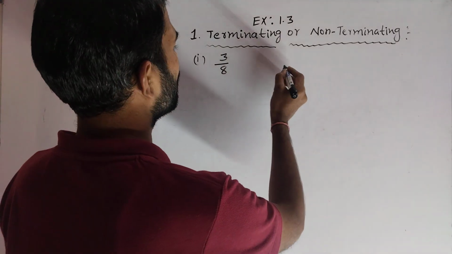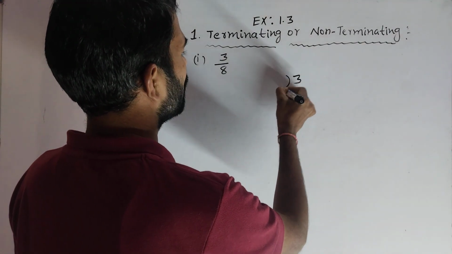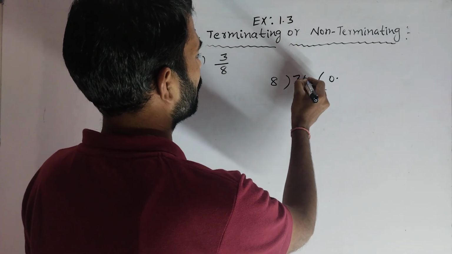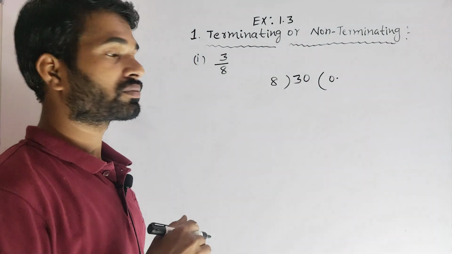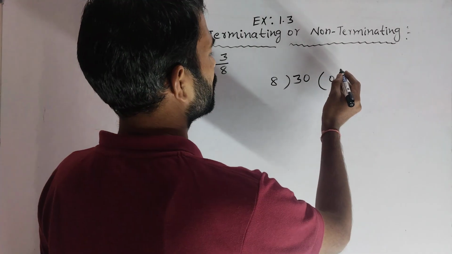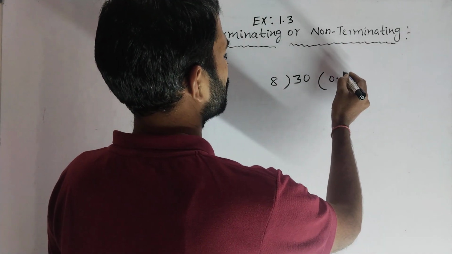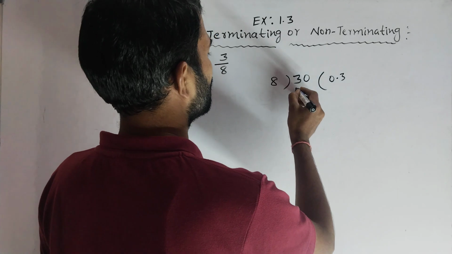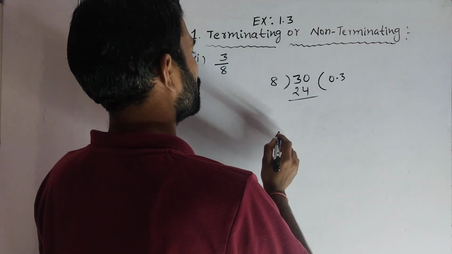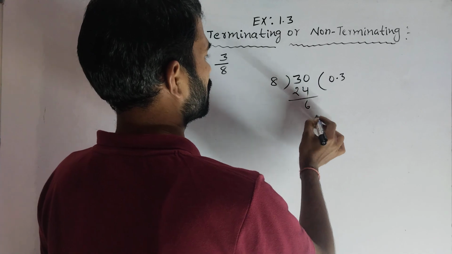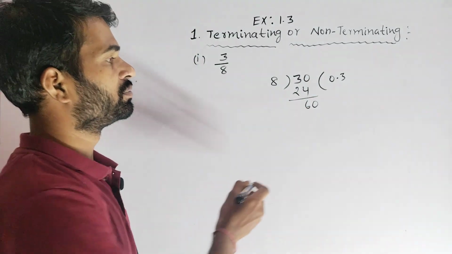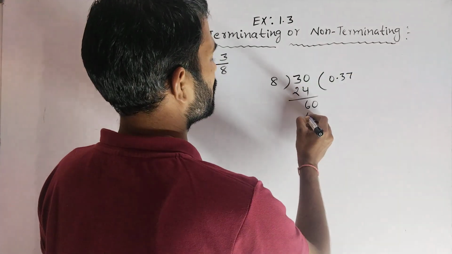So we should divide 3 with 8. 0 point, I am taking 3 0. 8 3s are 24. Then 60, we can take 8 7s are 56.